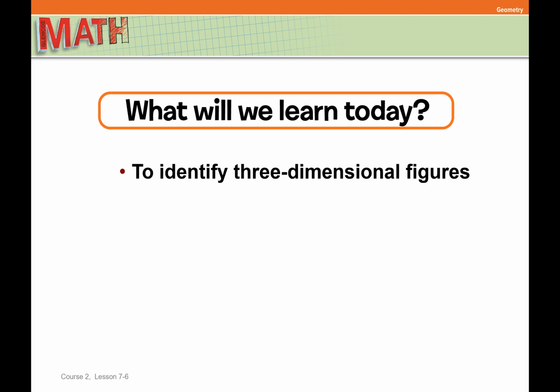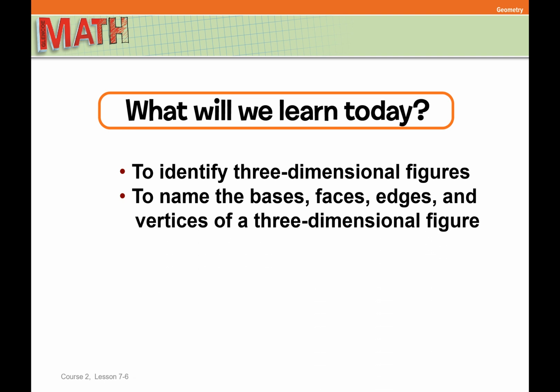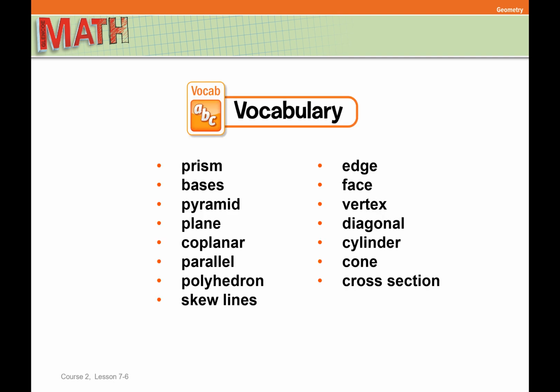We're going to take a look this lesson at three-dimensional figures and just learn how to name the different parts of a three-dimensional figure: bases, faces, edges, vertices, all those types of things. So a little bit of vocab that we need to do. When we talk about a prism, we talk about a three-dimensional figure that has at least two parallel faces or bases.